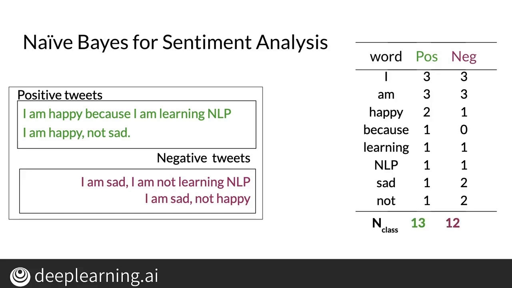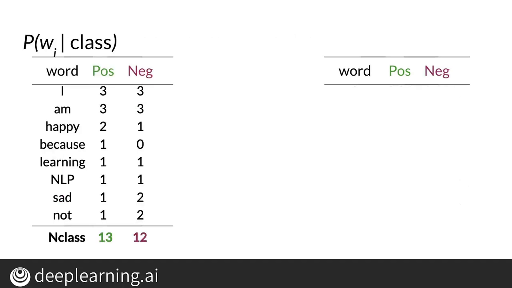That is, you're just summing over the rows of this table. So for positive tweets, there is a total of 13 words, and for negative tweets, a total of 12 words. This is the first new step for naive Bayes, and it's very important, because it allows you to compute the conditional probabilities of each word given the class, as you're about to see. Now divide the frequency of each word in a class by its corresponding sum of words in the class.